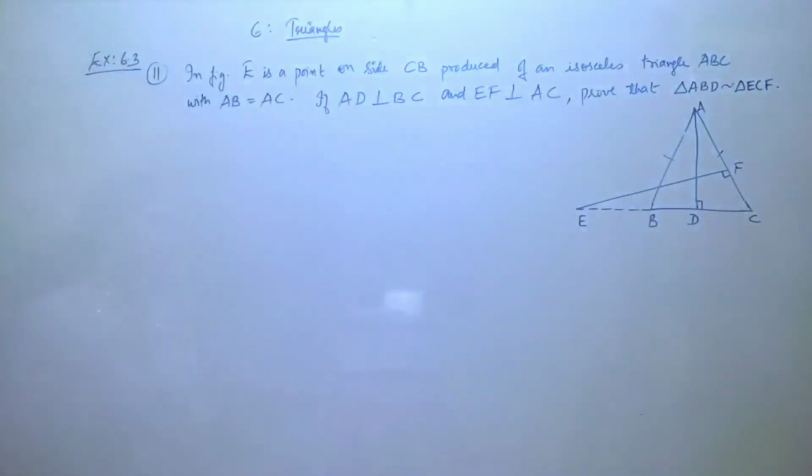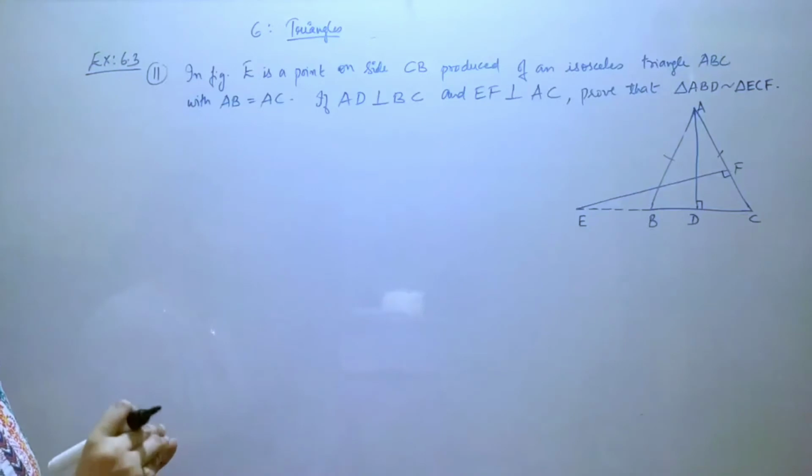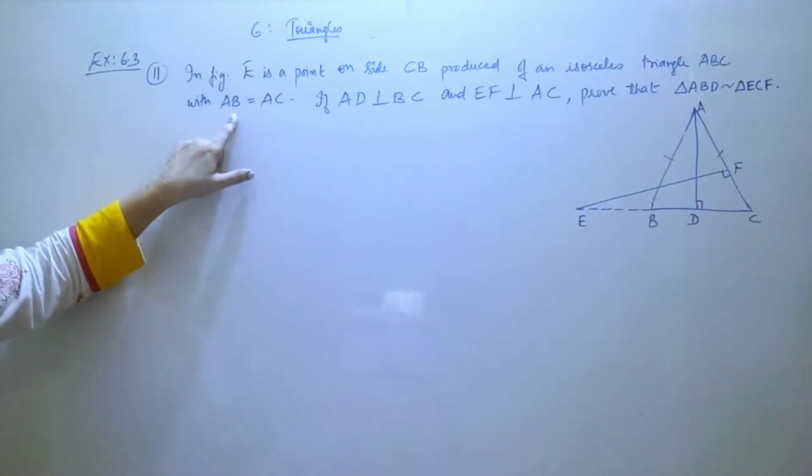So at least 2 points we need. If we are able to prove that two corresponding angles are equal, then by AA, or else by side angle side or something like that. So we will go for what is given in the question.